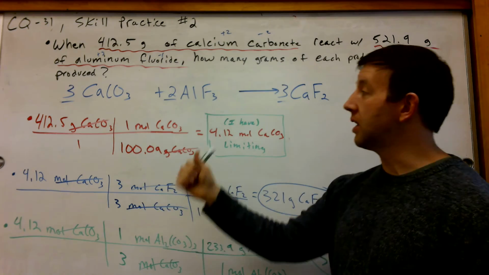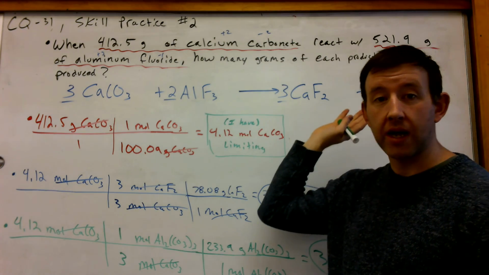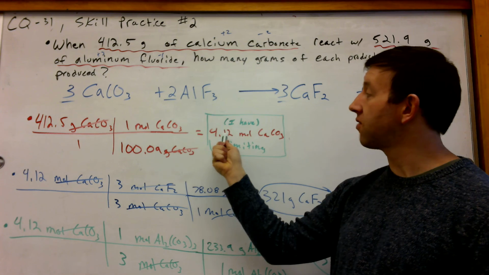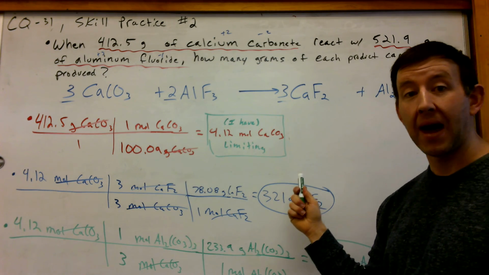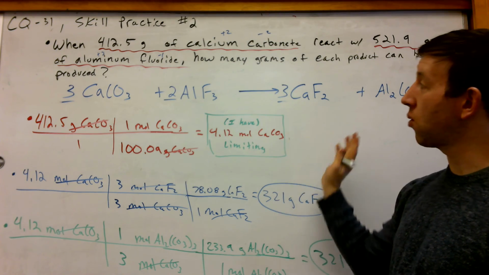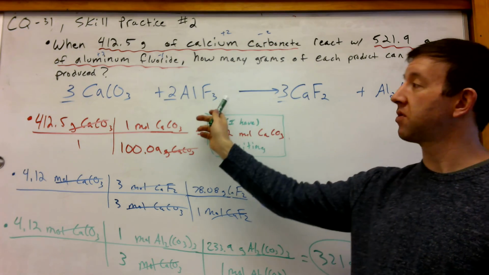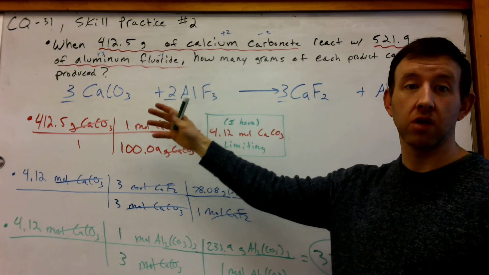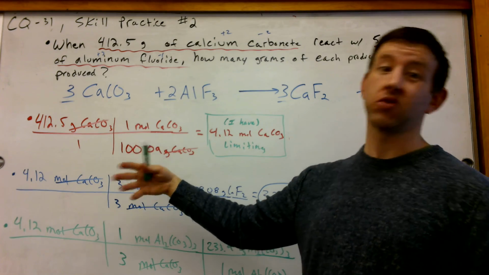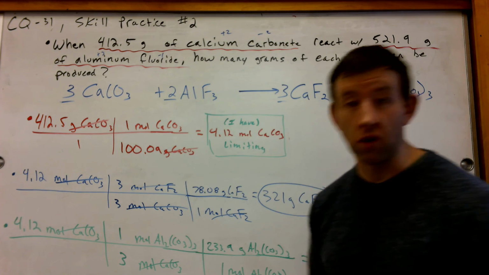We then don't worry about the excess reactant. We just take the amount of our limiting reactant and use that to solve for the mass of our products. Because aluminum fluoride is our excess, after the reaction there's still going to be some aluminum fluoride left over, and you could calculate that too if you wanted to.